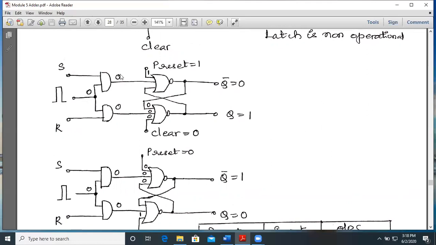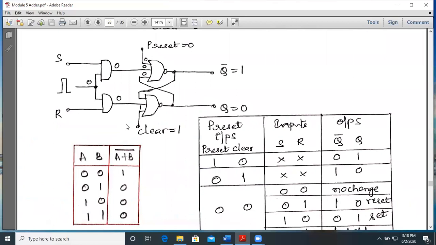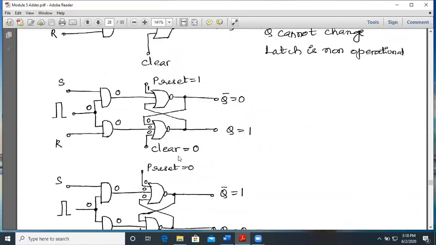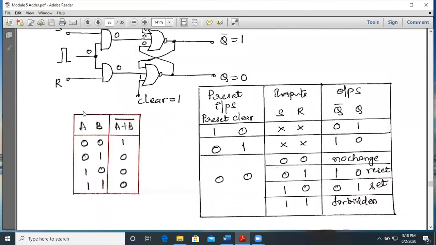So if the clock is not given, the inputs 1 and 2, these are the two AND gates that we are using, so these AND gates' output will be 0. Since here we have constructed the latch using NOR gates, we need to see the NOR gate truth table.